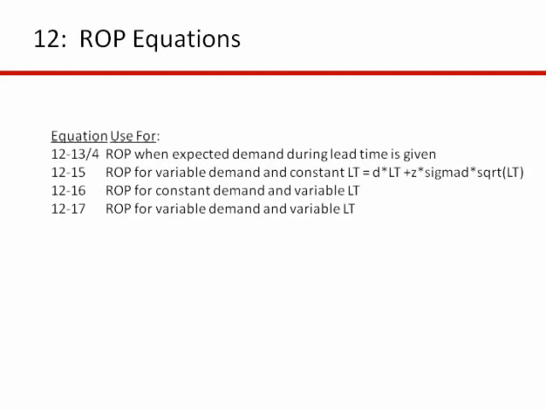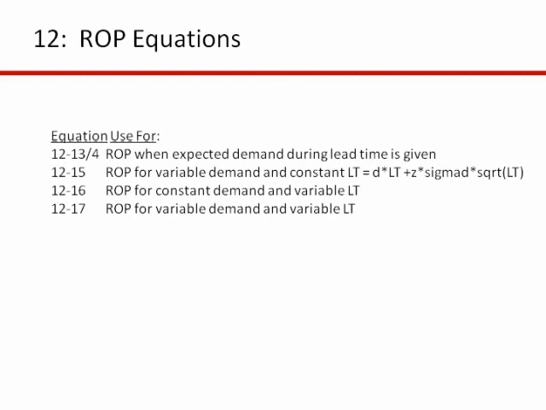I didn't do another example, but if you look in the book, they give you reorder point formulas for variable demand with constant lead time, constant demand with variable lead time, and variable demand with variable lead time. And also when you're given the distribution of demand during lead time, that's equation 12-13.